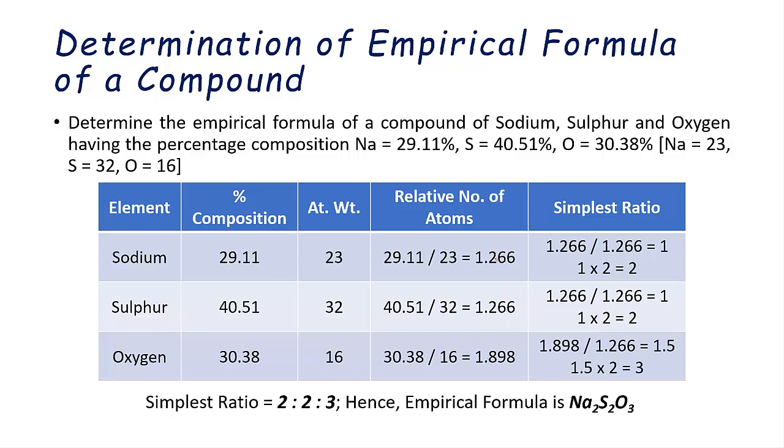And now which is the smallest number? The relative number of atoms which is least is that of sodium or sulphur. So divide by the least number to get a whole number, because empirical formulas are whole number ratios. So 1.266 divided by 1.266 will be 1. This will be again 1, and 1.898 divided by 1.266 is 1.5. Now it should be a whole number.